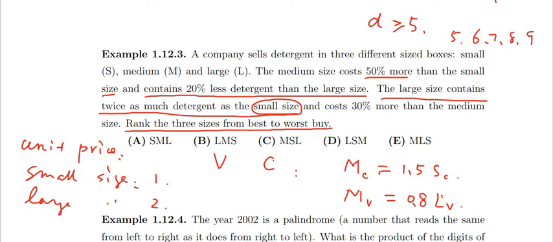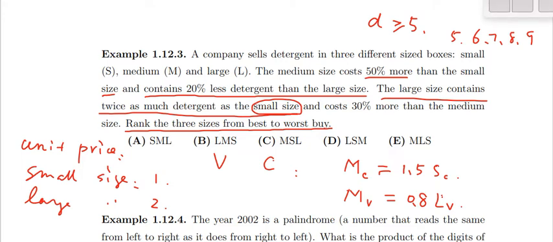But the cost is 30% more. So for the volume of the middle one, if we set the small one as 1, the large one's volume is 2.